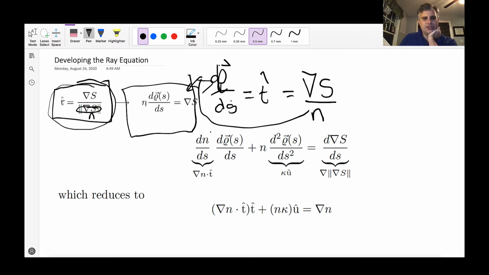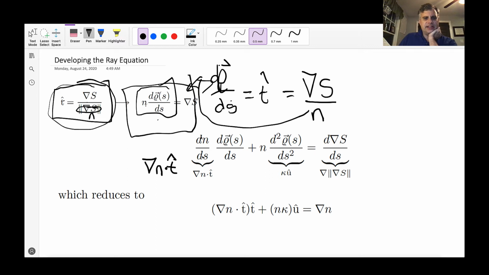Now, let's do just a little bit more manipulation here. Let's take the derivative with respect to s of both sides of this equation. By the chain rule, the left-hand side becomes dn/ds, or conversely, the gradient of n projected onto the direction of the ray.